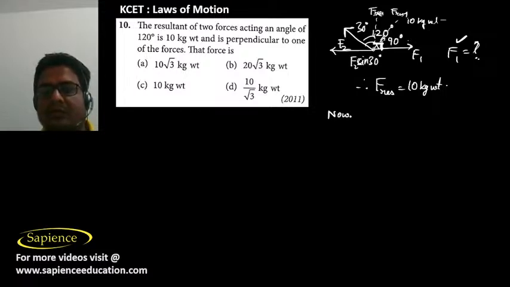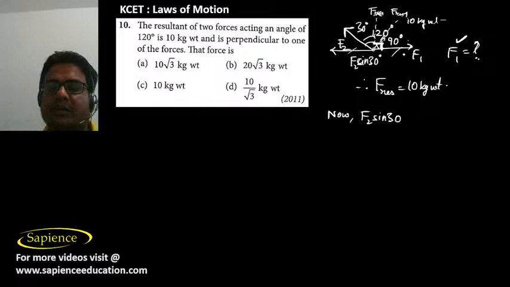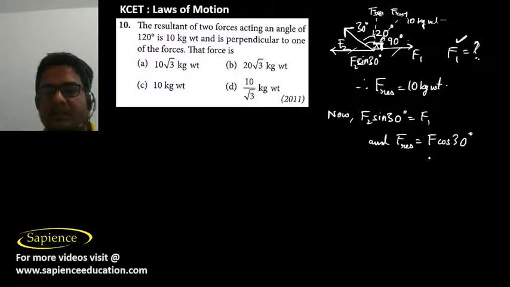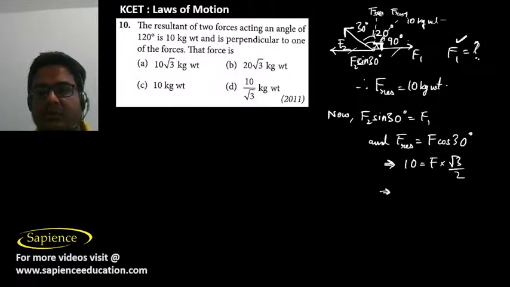Now F2 sin 30 should cancel with F1, then only the resultant will come perpendicular to F1. So F2 sin 30 degree should be equal to F1, and the resultant of F1 and F2 should be equal to F2 cos 30 degree. The resultant is 10 kg weight, so 10 is equal to F2 cos 30, which is root 3 by 2, so F2 will be equal to 20 by root 3.